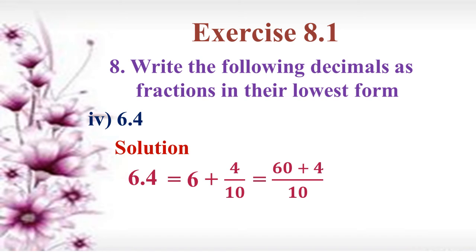So 6 into 10, 60, plus 4 divided by 10, that is 64 by 10. We want to find the lowest form, so we find the HCF of 10 and 64, that is 2. So 32 twos are 64 and 5 twos are 10. Is there any common factor? No. Then we can write the lowest form, 32 divided by 5.